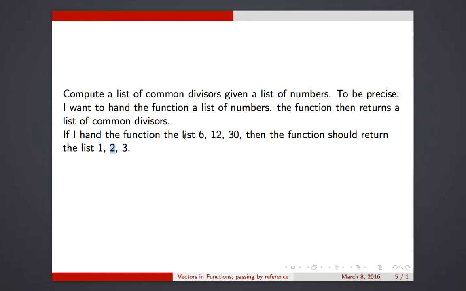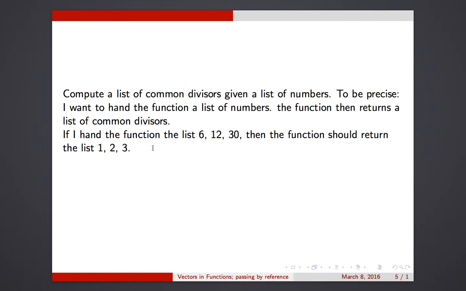Notice 2 is a divisor of all of 6, 12, and 30. 3 is a divisor of 6, 12, and 30, etc. But notice there are no more common divisors. So, for example, 6 is a divisor of itself and 12. Oh, whoops. I just immediately contradicted myself. How foolish. I should give back here the list 1, 2, 3, 6.